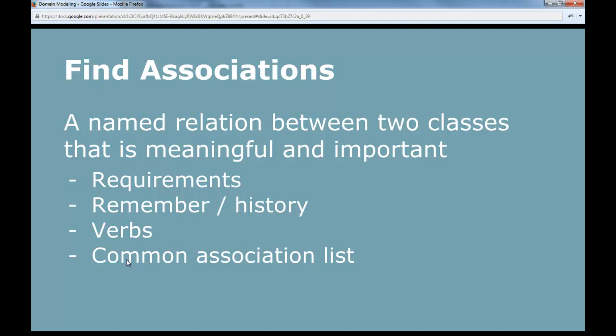We need to know the courses a student has attended to support the requirement of printing a course report, and probably a lot of other requirements also. Scanning for verbs can be a good thing. Nouns are conceptual classes, and verbs can be good candidates, at least, for associations. And we can also use the common association list as presented in the book.